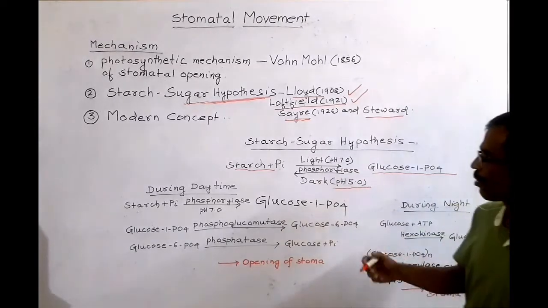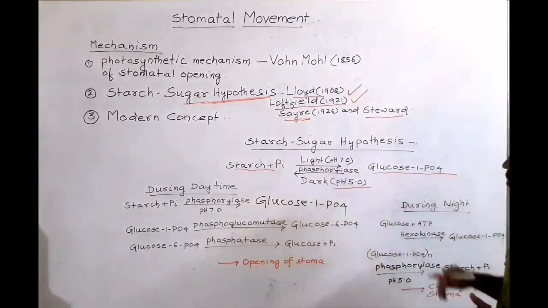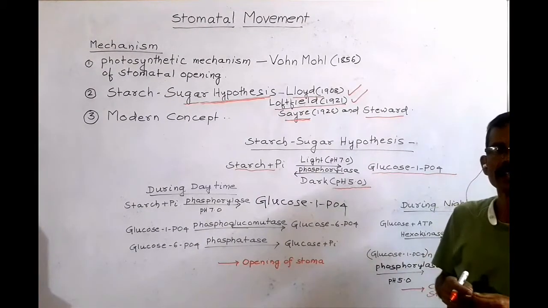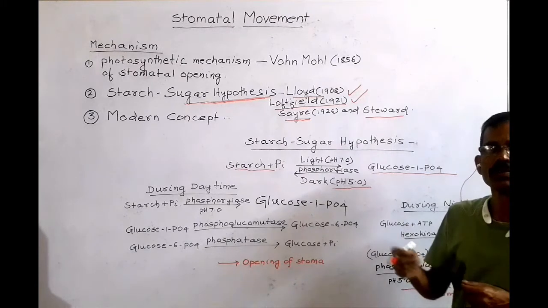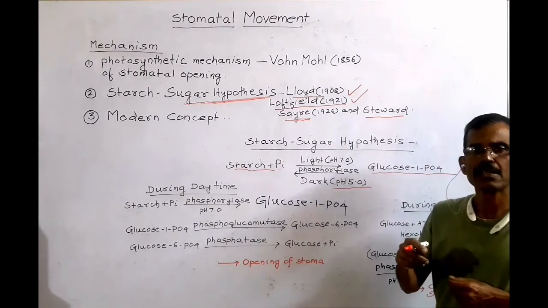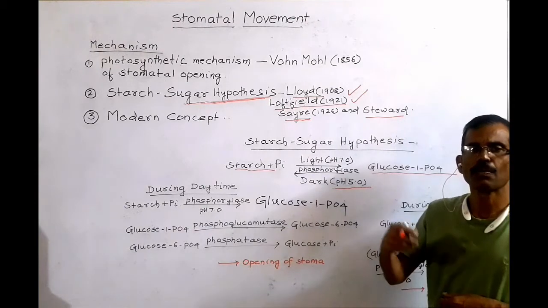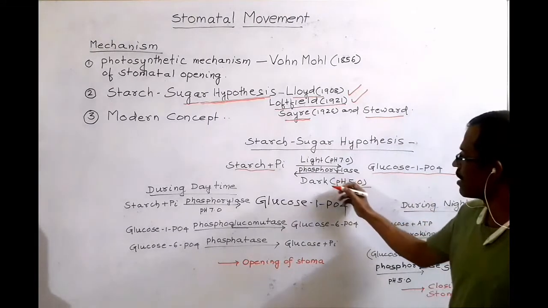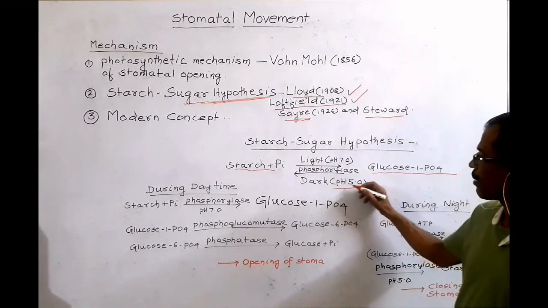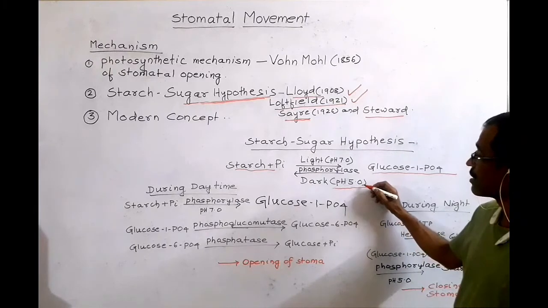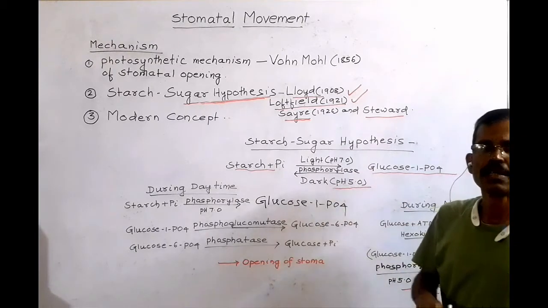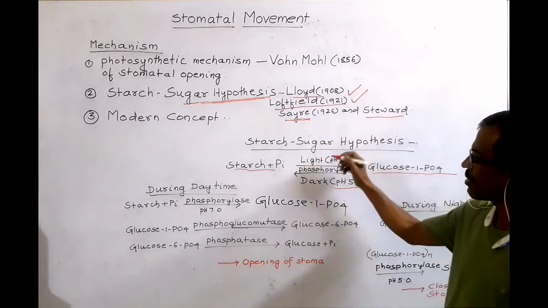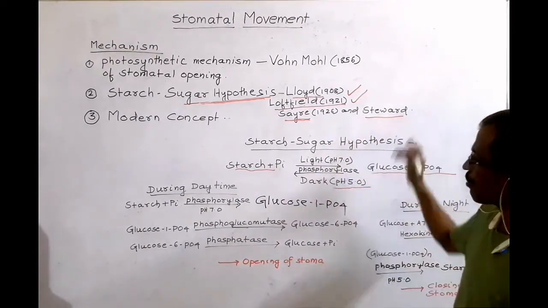The breakdown of starch into glucose 1-phosphate decreases the osmotic potential of guard cells, so water molecules diffuse into it and the guard cells become turgid, which causes the opening of stoma. Whereas the reverse reaction takes place during dark when the pH remains low, and this reverse reaction causes the closing of stoma.